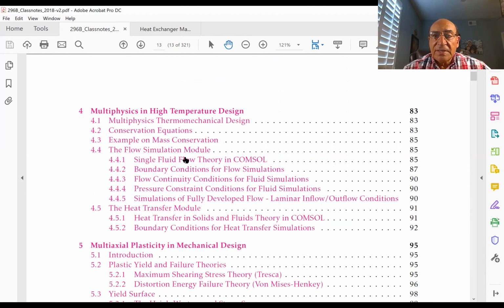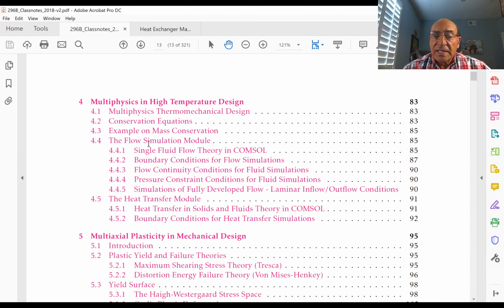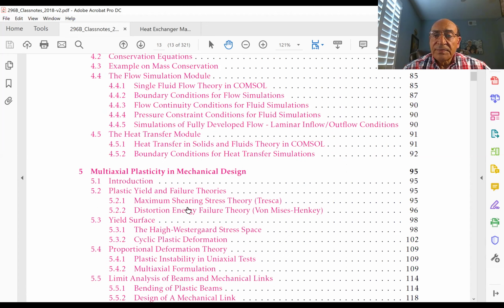So we have 3 different things going on, and we will use that in our design for the project. So we will learn a lot more about boundary conditions, about meshing, and about the type of simulation that we should be using in heat transfer and in flow and in structures.